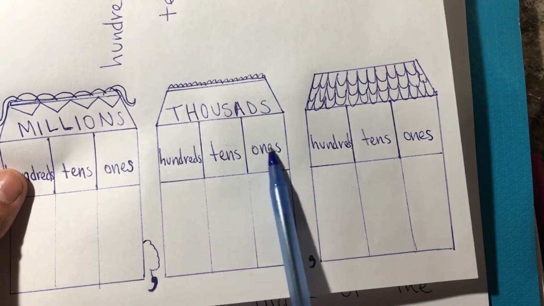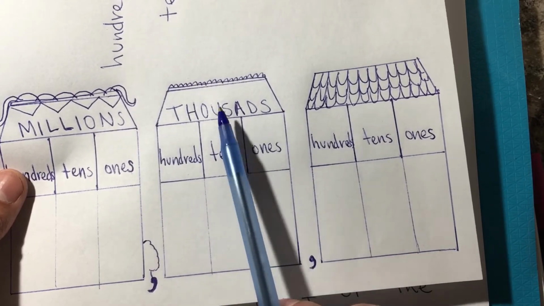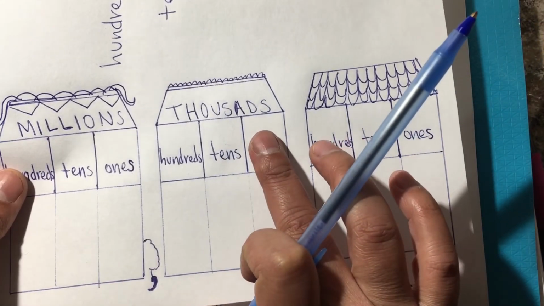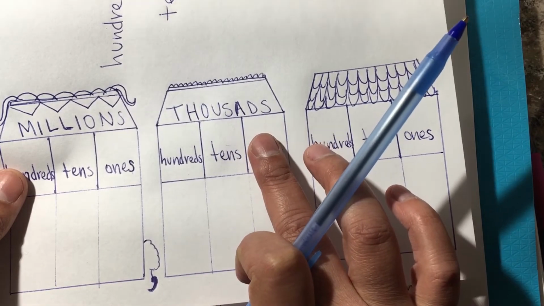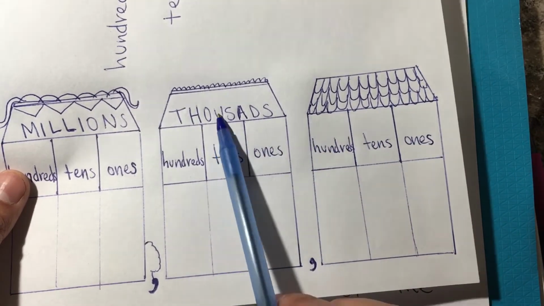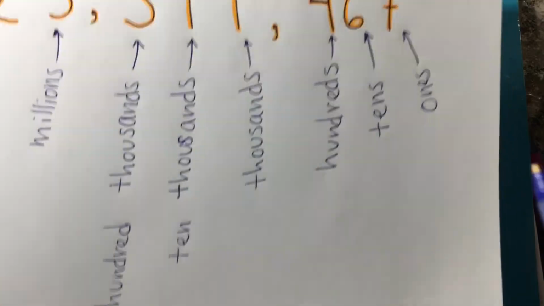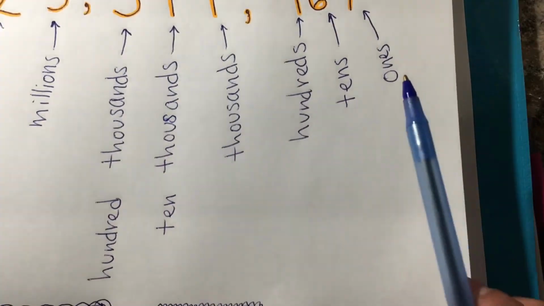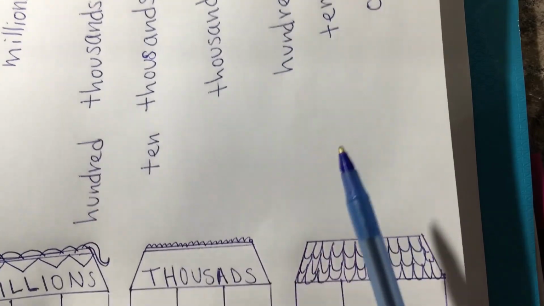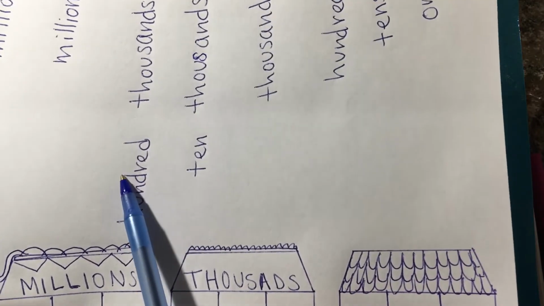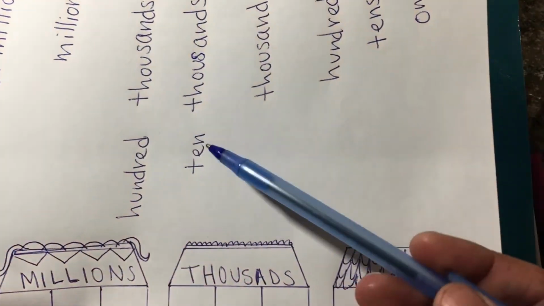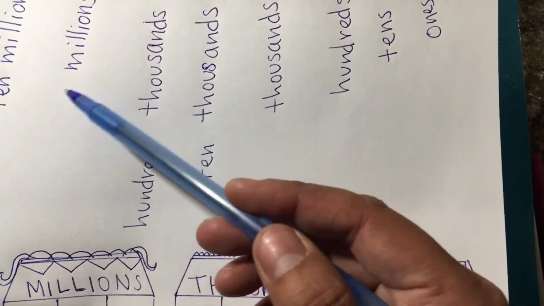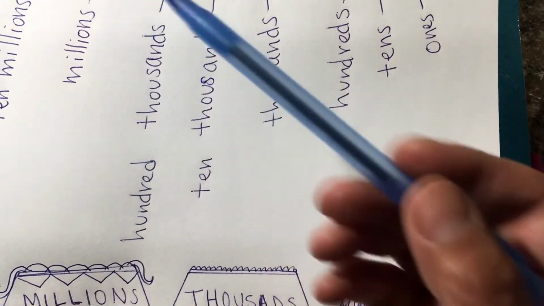And if you see, this repeats. Ones, thousands, but we don't say 1,000, we just say thousands when it's a 1. 10,000s, 100,000s. Look at that. Ones, tens, hundreds, ones, tens, hundreds, ones, tens, hundreds.